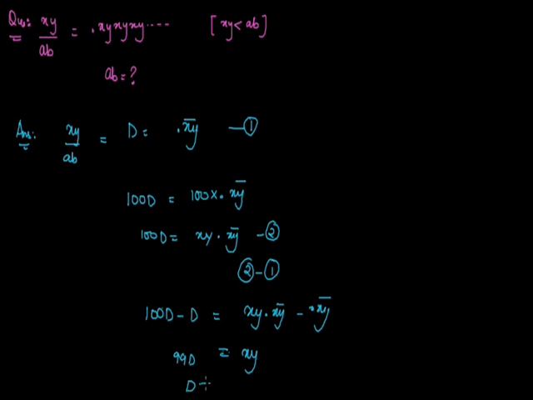So from here we can say d is equal to xy by 99, but our equation 1 says that d is equal to xy by ab, so we can compare it with xy by ab. xy will get cancelled from both and we'll get ab is equal to 99. Hence our question is solved.